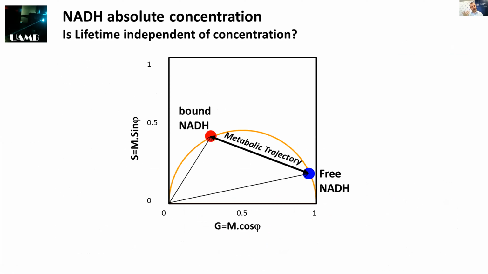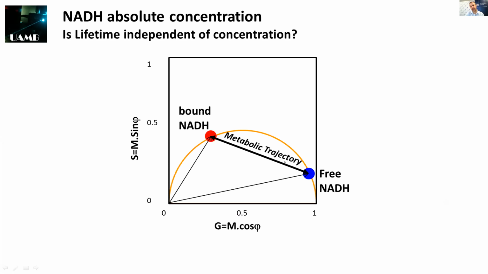So can we stress this in order to use this method to calculate the absolute concentration? And why is the absolute concentration of NADH important? As we already know, this trajectory between free and bound NADH we call the metabolic trajectory.